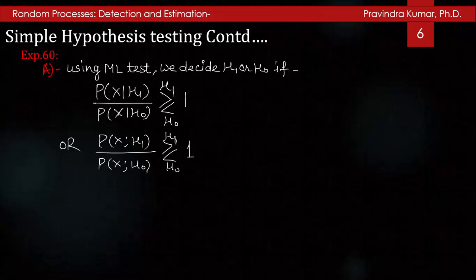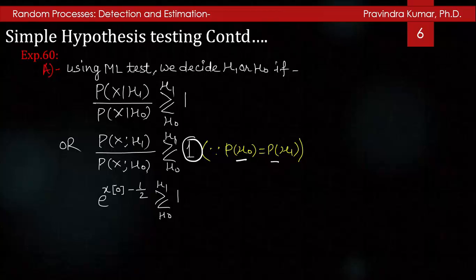You can write it as P(x|H1) divided by P(x|H0), the joint probability under hypothesis H1 and the joint probability under hypothesis H0, greater than or less than the threshold value 1. Here, because the two hypotheses are equally likely, P(H0) is equal to P(H1), so the threshold value is 1. After solving, you can write the likelihood ratio as e to the power x0 minus 1/2, greater than or less than 1.